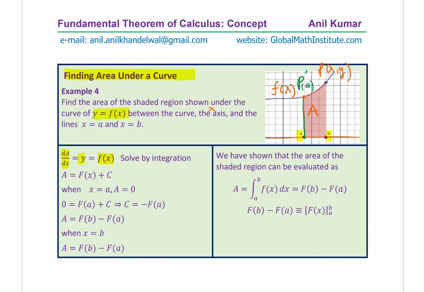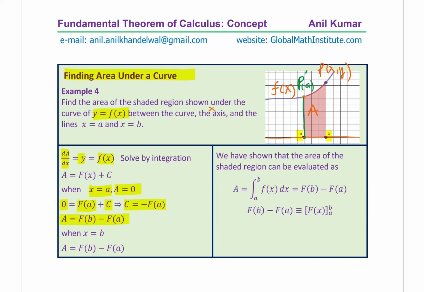So we can substitute x equals a, and area equals 0. So F of a plus C equals 0. That means C is minus F of a.